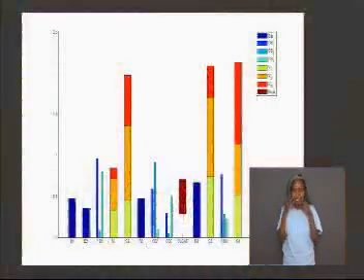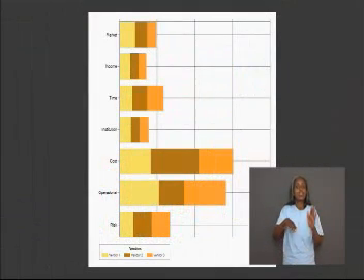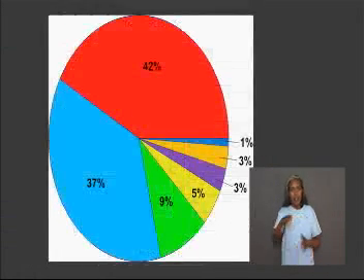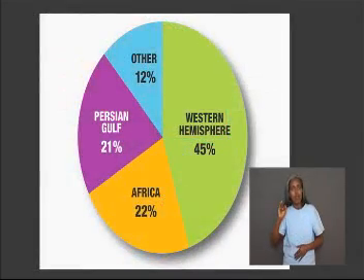This kind of tabular representation is good at giving concise information, but it is not very interesting to look at. The other way of representing data is to use a graph. Graphic representations can include bar charts and pie charts.